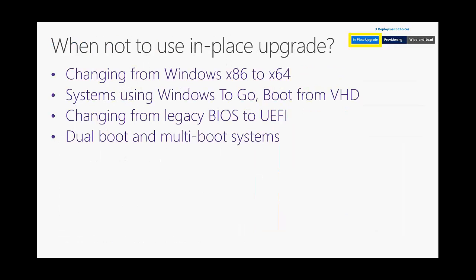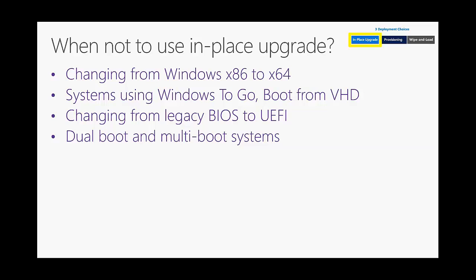The only time you really need to do what we call a wipe and reload for a device, when you don't have the In-Place Upgrade option, is when you're changing from a 32-bit to a 64-bit version of Windows 10.